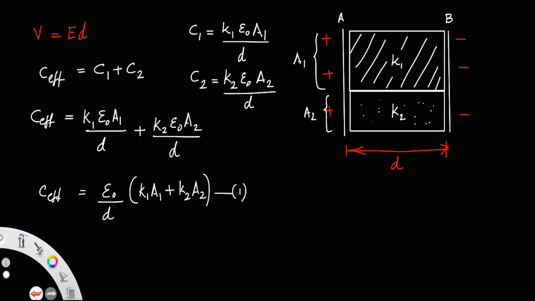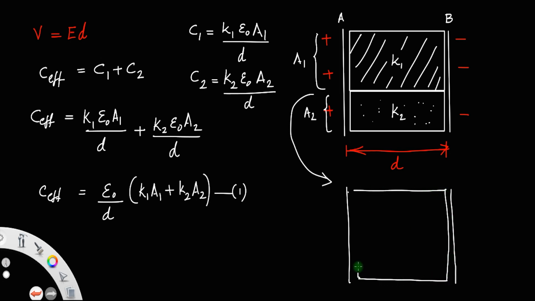Now, if I replace this with a single dielectric, let's say K effective, the dielectric constant K effective of the combination, and let's say the cross-section area will be A, such that A is A1 plus A2.